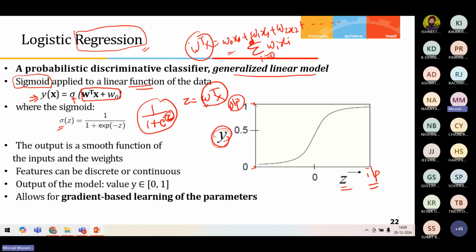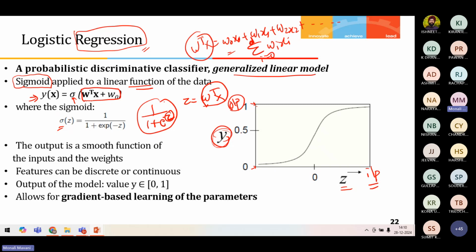So will this give any number, or will it be confined between 0 and 1? It can give any number, any positive number, any negative number, right? Basically, a very big number that we get using this W transpose X will be squeezed between 0 and 1 using this sigmoid function.